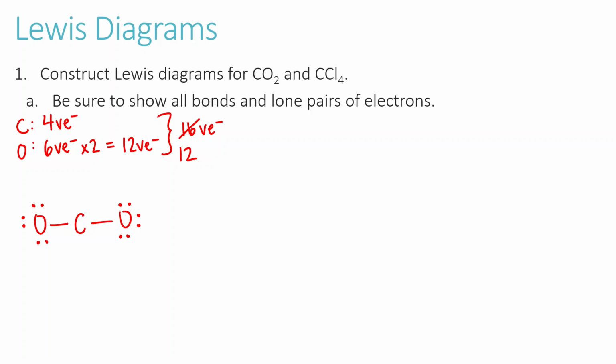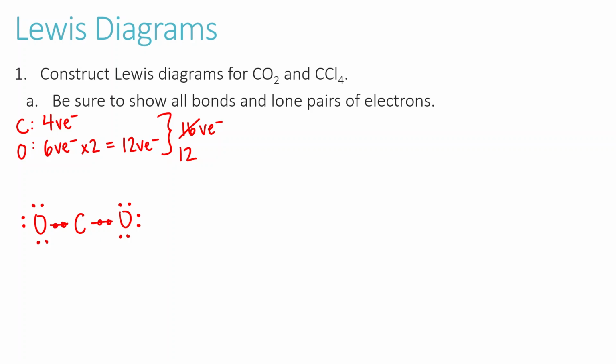Now I need to check to make sure that everybody has their octet. Looking at oxygen, remember that there are 2 electrons present in each of these bonds. So oxygen is going to have a full octet on both sides, but carbon only has 4.